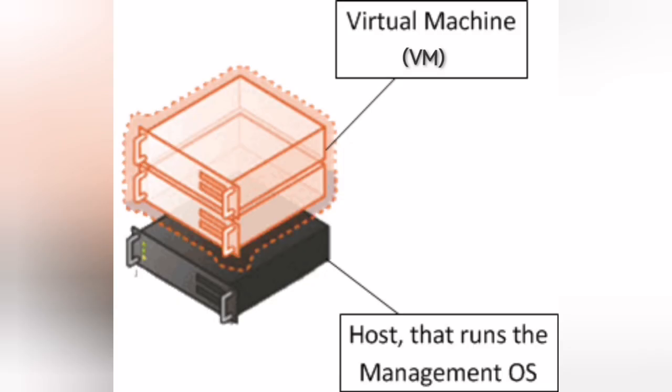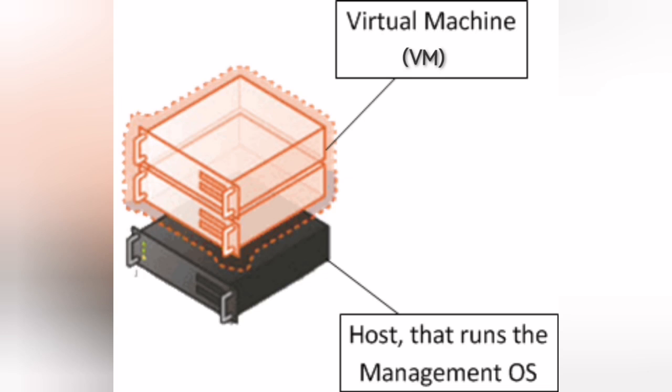One important thing to know is that the physical server that will hold the virtual machine and the management operating system is called the host. It will host the virtual machines inside it.